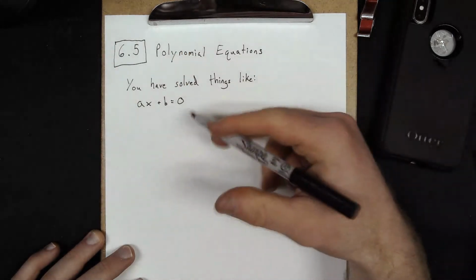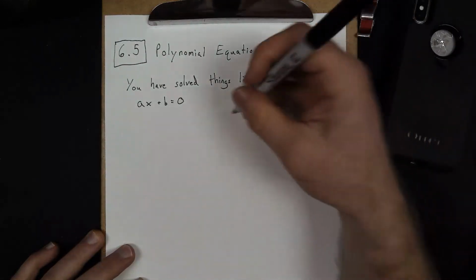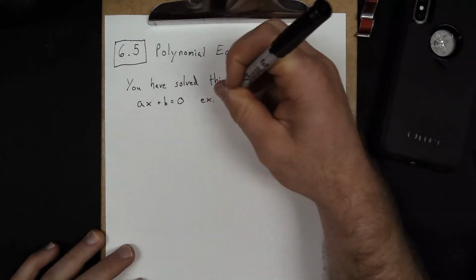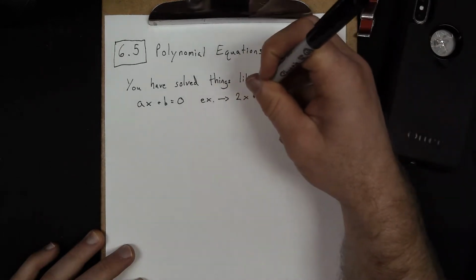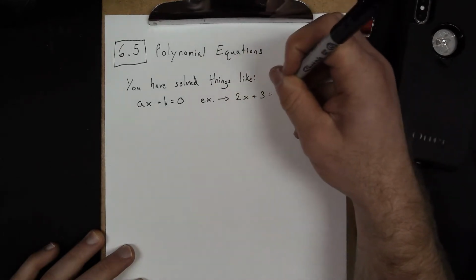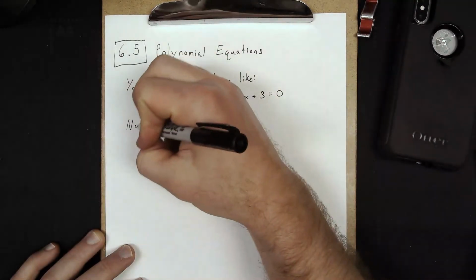Most of you should know how to do that. It's a linear equation. An example of that might be something like 2x plus 3 equals 0.